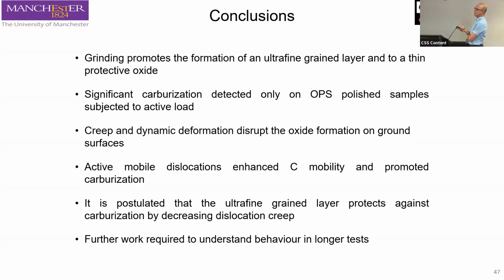We have shown that creep can have disruptive consequences on the development of the oxide, but still you can prevent the carburization on prior ground process surfaces because you are limiting the dislocation activities at the surface.